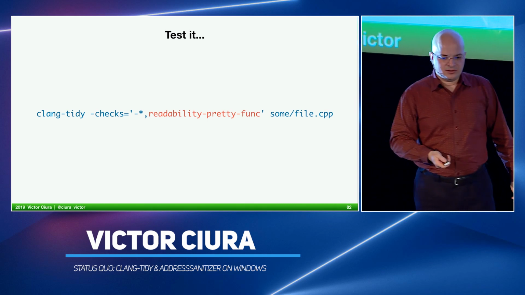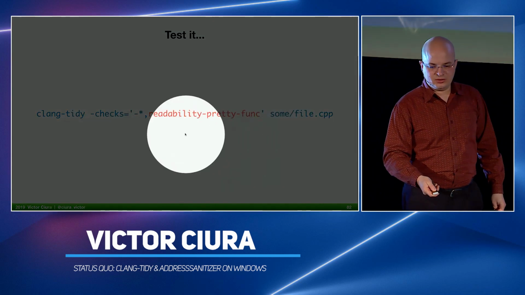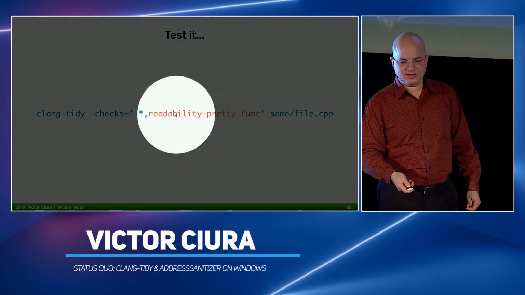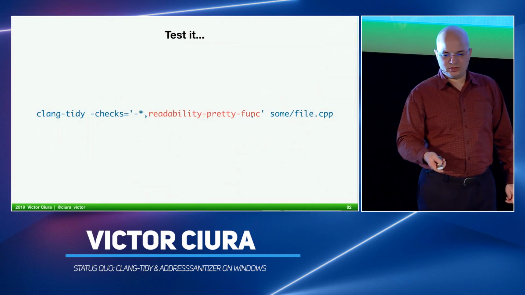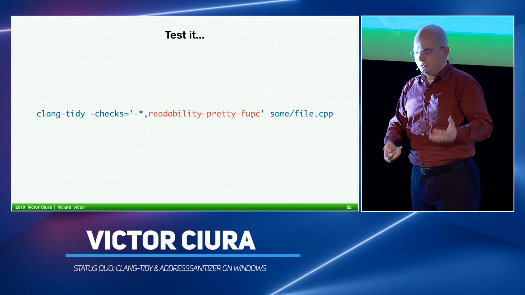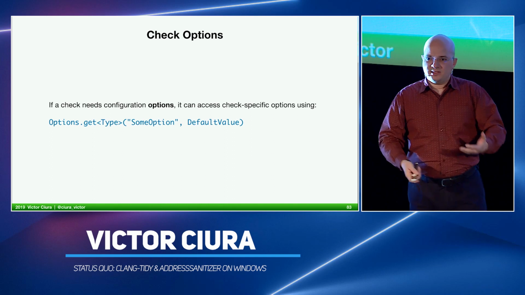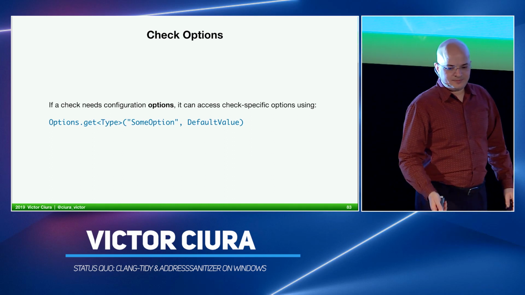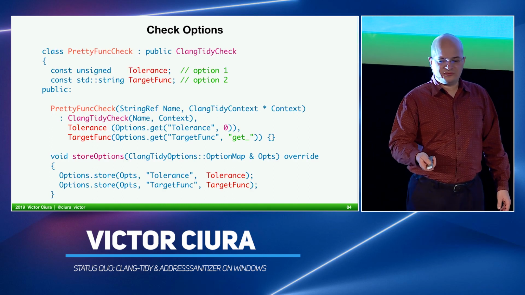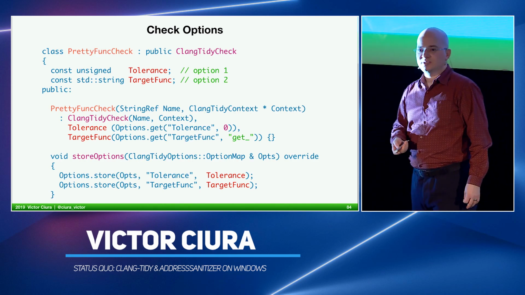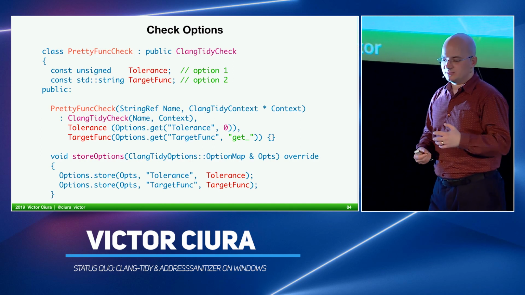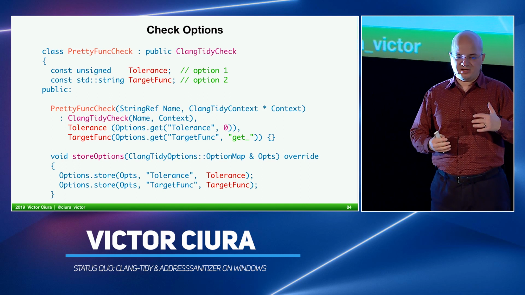This is how you would test your shiny new Clang-tidy check from the readability module. You just invoke it like any other built-in check. Of course, you have to compile your own version of Clang-tidy. I did mention that earlier. You can configure it. Clang-tidy checks can have input parameters where you can customize their behavior.